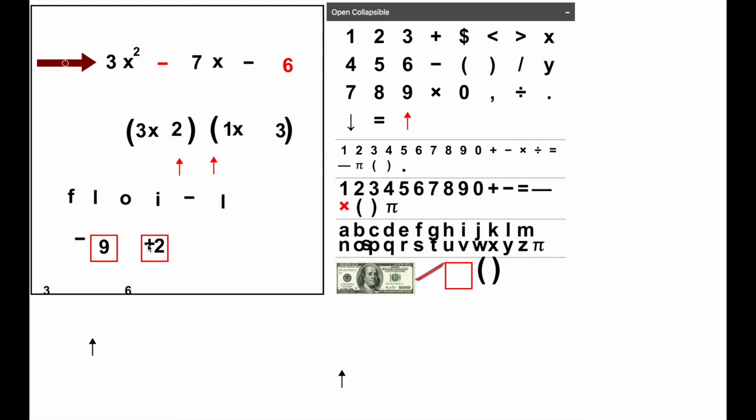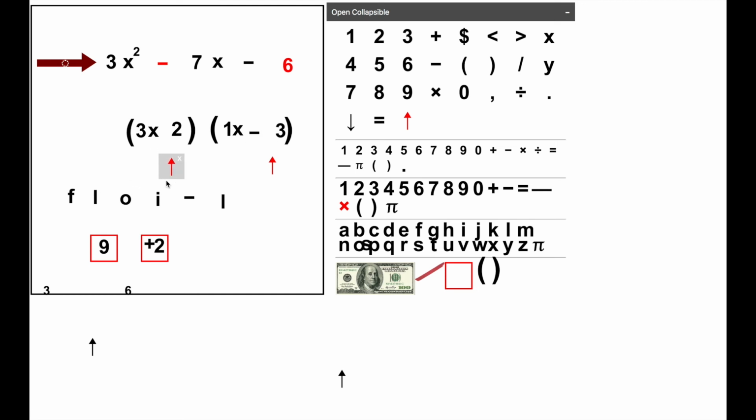So that means which one gives us the negative 9? Is it the outside or the inside? The outside. Do we ever put signs on top of these guys here? No, so we have to put the sign in front of this 3 right here. So that's how you get your negative 9. Bam.